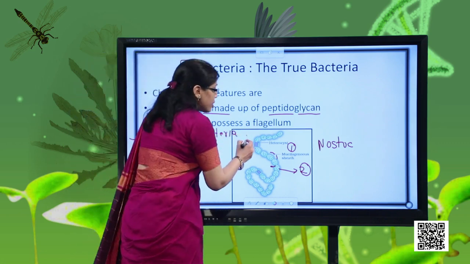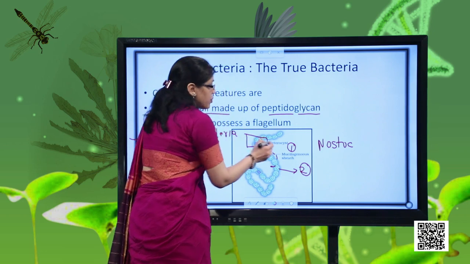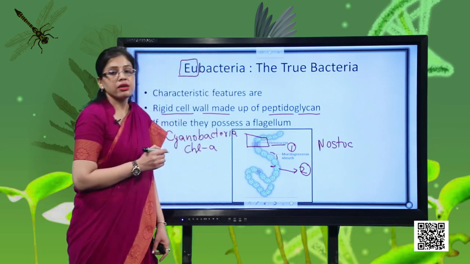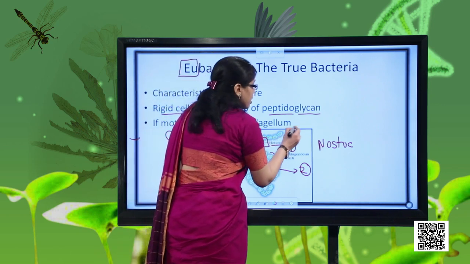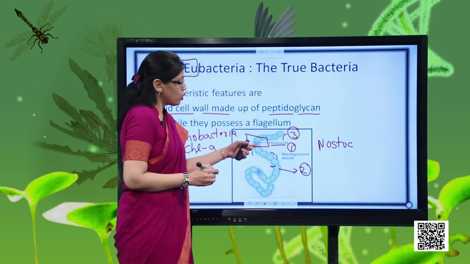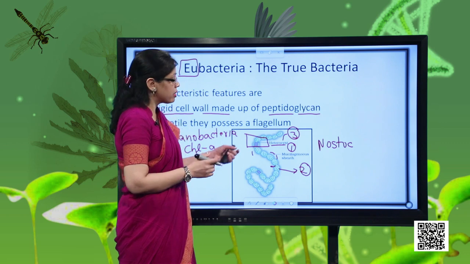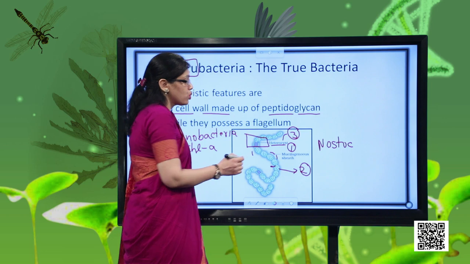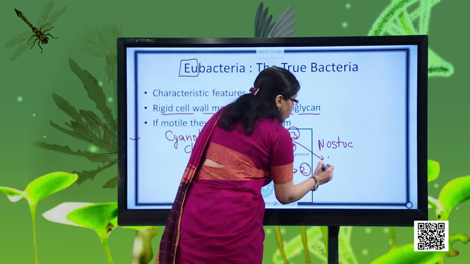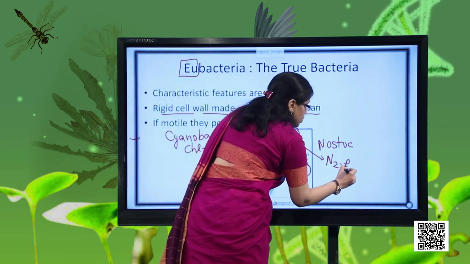But now students, please pay attention to this cell. What is the name we have written here? Heterocyst. So these heterocysts are a special type of cell. Compared with the normal cell, the size is bigger, the cell wall is thicker, and these cells play a very important role because they help in the process of nitrogen fixation.